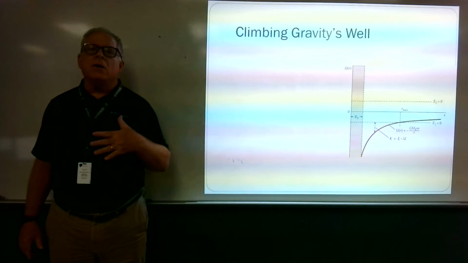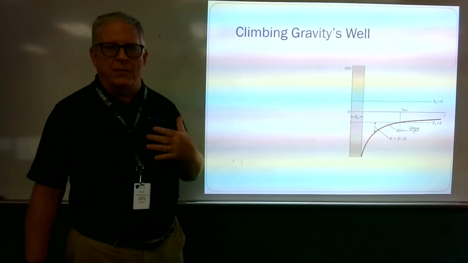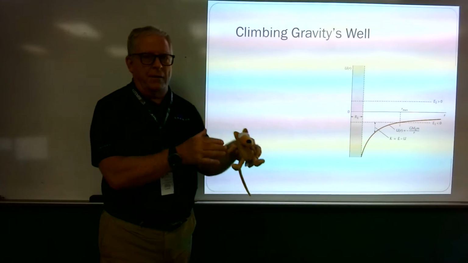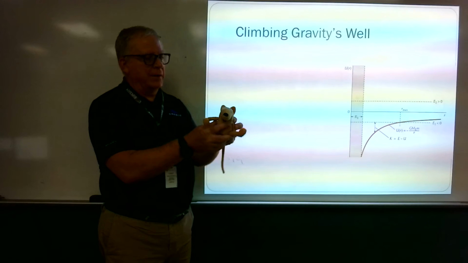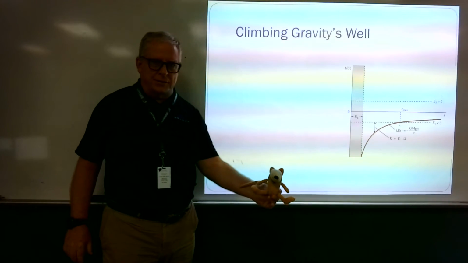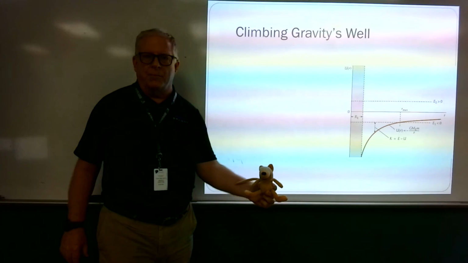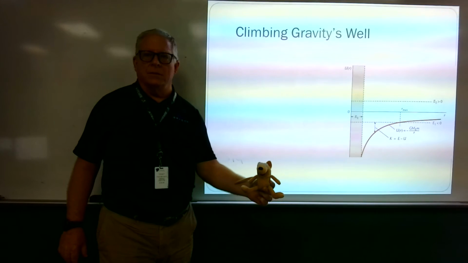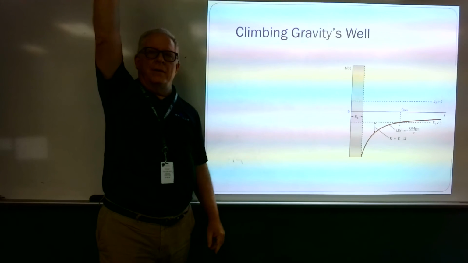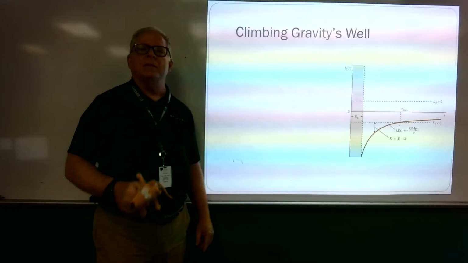If we want to know whether we have enough velocity for something to escape the pull of the Earth's gravity, what we are saying is, like Ratbird here, if I kept throwing Ratbird up faster and faster, we were looking for the point where his initial kinetic energy plus his potential energy at that point was enough so that when Ratbird gets all the way up and his potential energy is zero, he still has some kinetic energy.